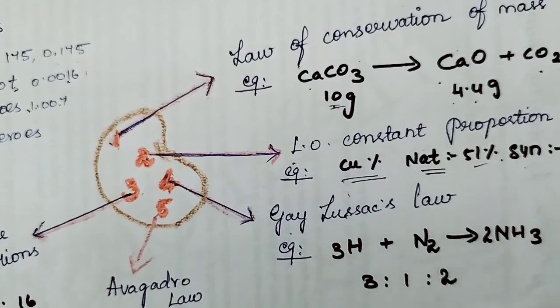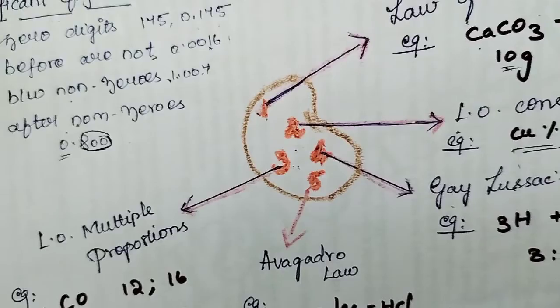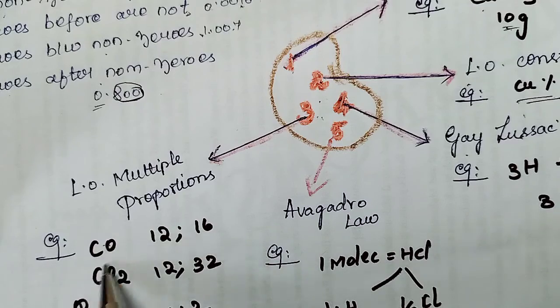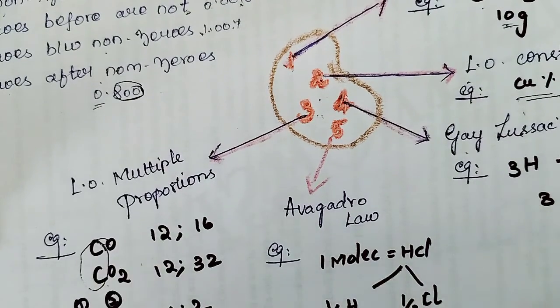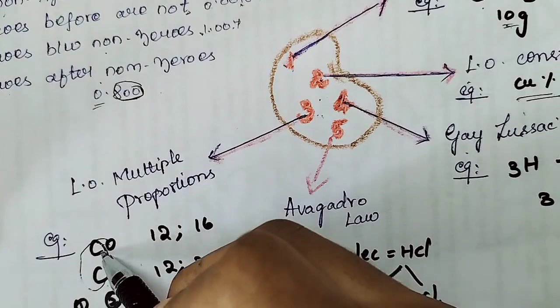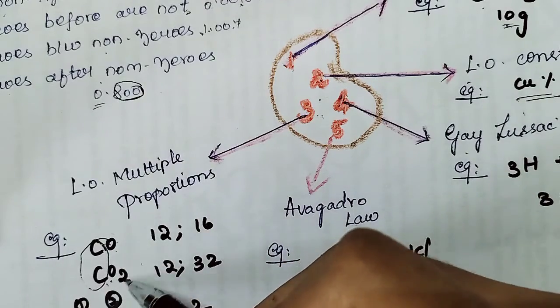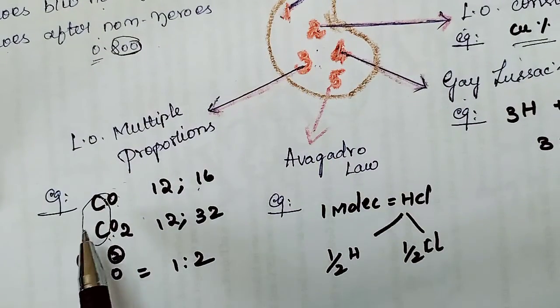Next is the law of multiple proportions. If the same atoms combine to form different compounds, one atom is in constant moles, like one carbon, and the other atom differs, then the differing atom will be in a small whole number ratio. If you see here, 16 mass of oxygen and here 32, they are in a small whole number ratio.